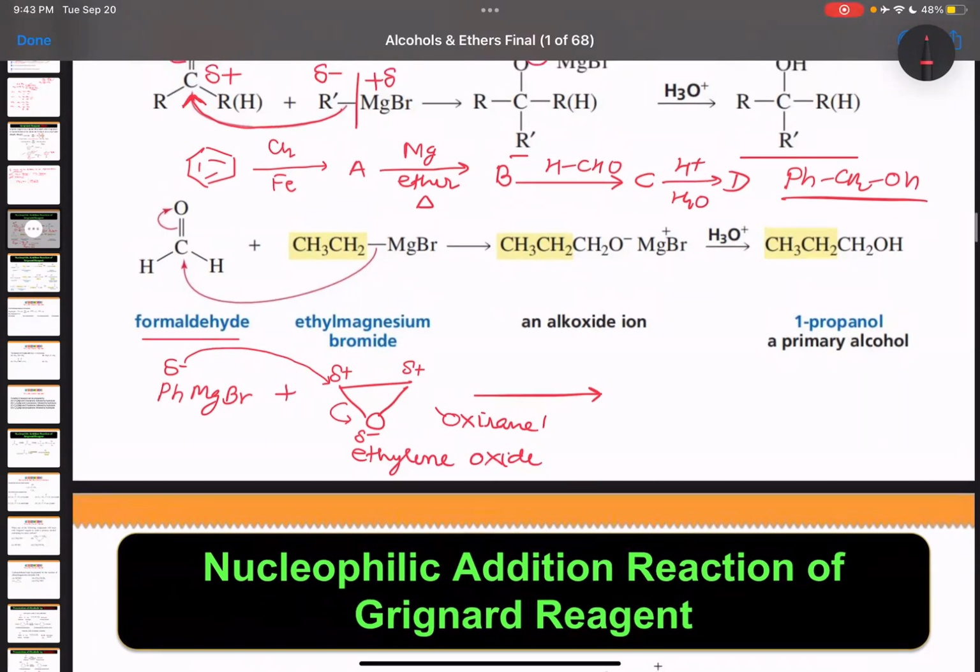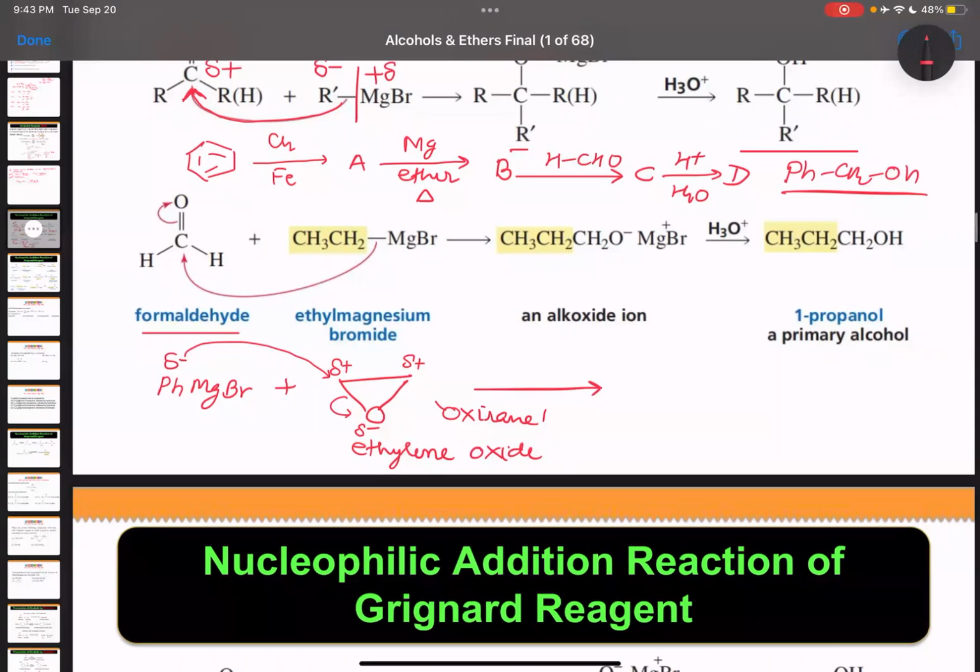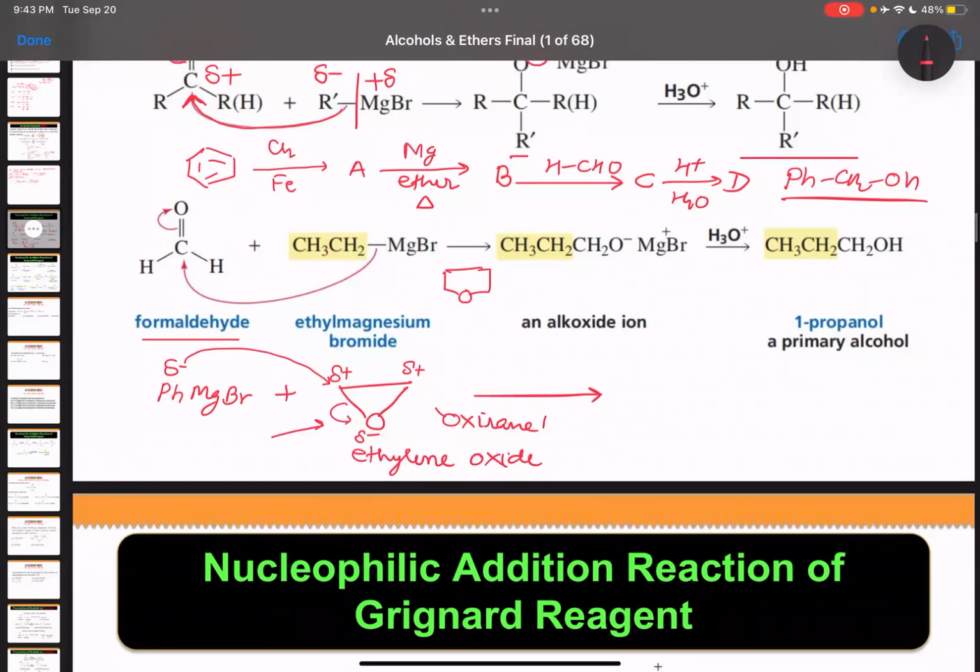Actually, do you know the Grignard itself is prepared in an ether? That ether is a cyclic ether, THF, or diethyl ether. And this also is an ether. But what is the reason that in the original preparation of Grignard in ether, the Grignard has not reacted with that ether?